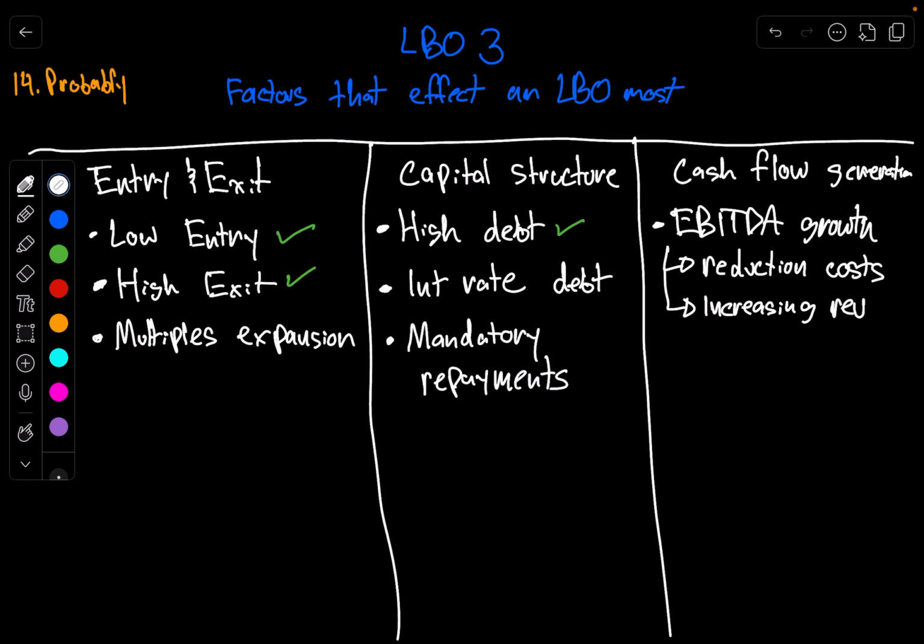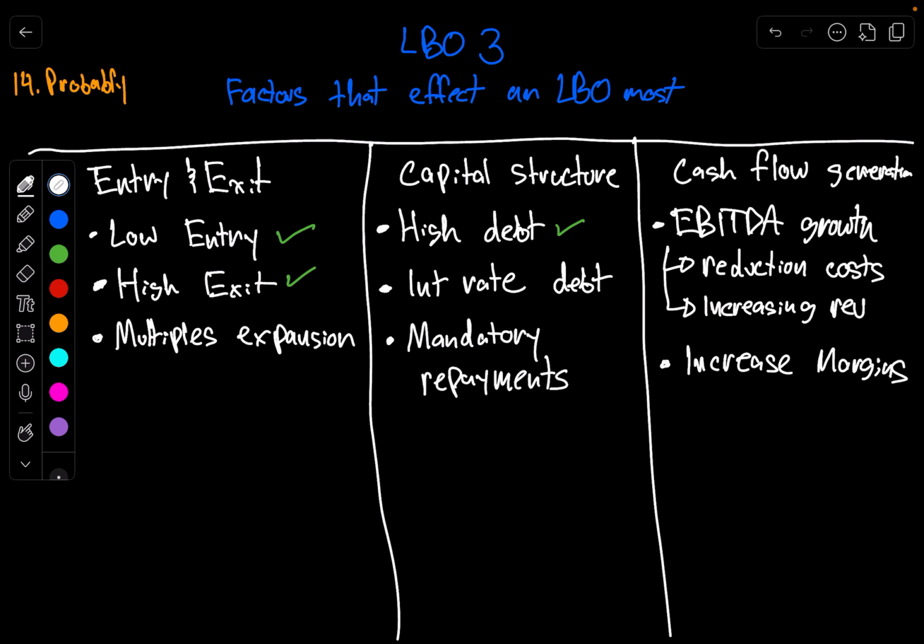So on the cost, we could say that maybe we're able to reduce our cost of goods sold, we're able to reduce our operating expenses, whatever the case is, right? That's going to lead to more cash flow generation, right? And that's essentially what we're looking at. And of course, if we're able to increase revenue, that would be great, right? Another thing is if you're able to increase your margins, right?